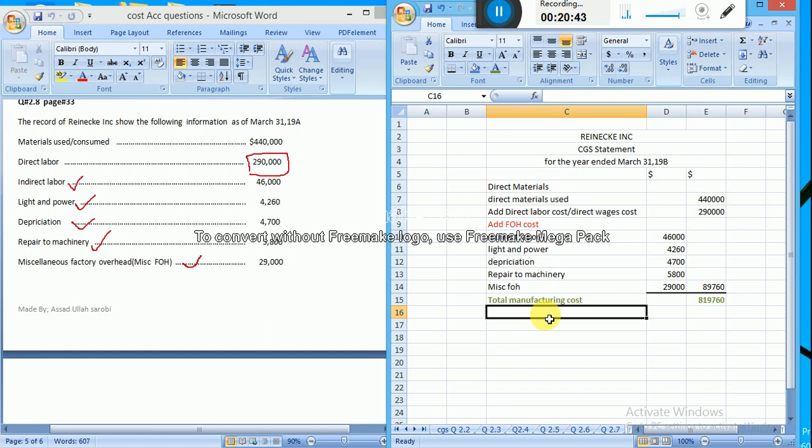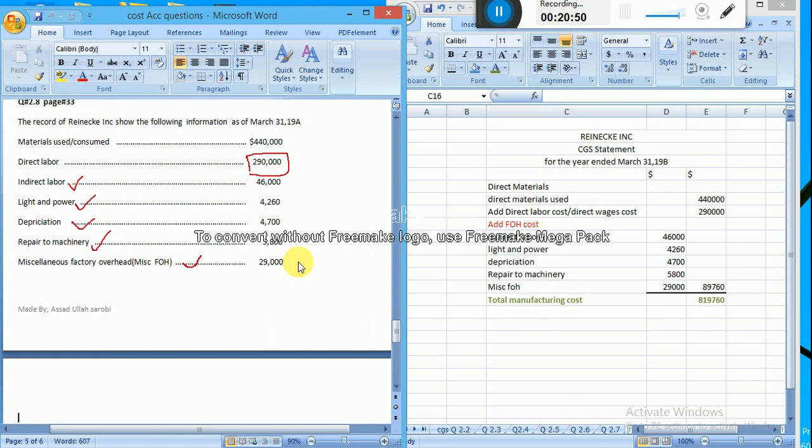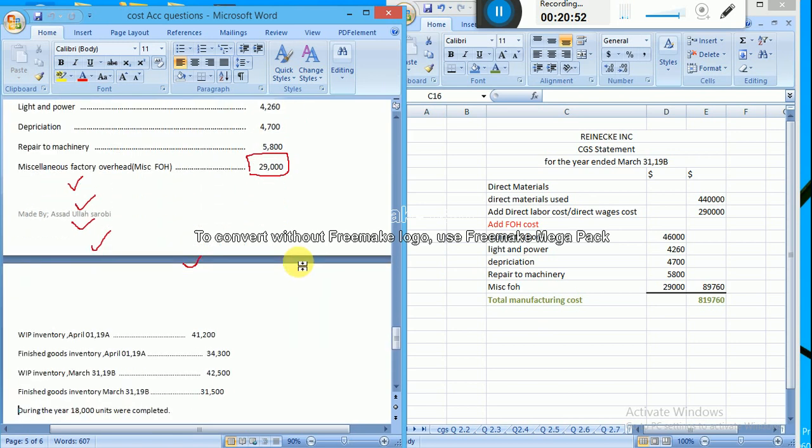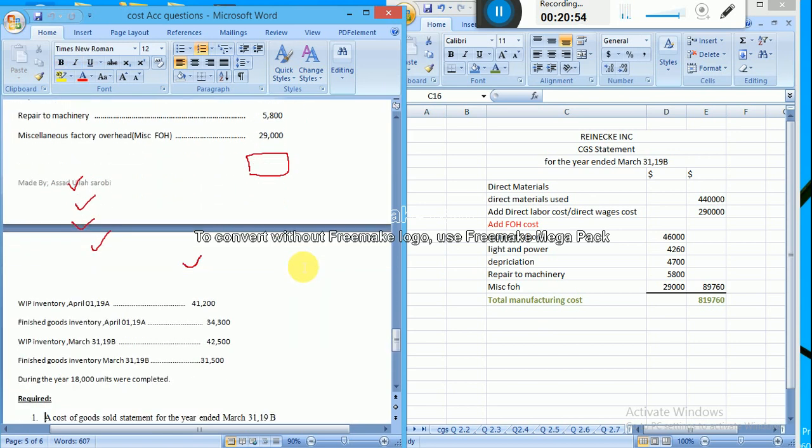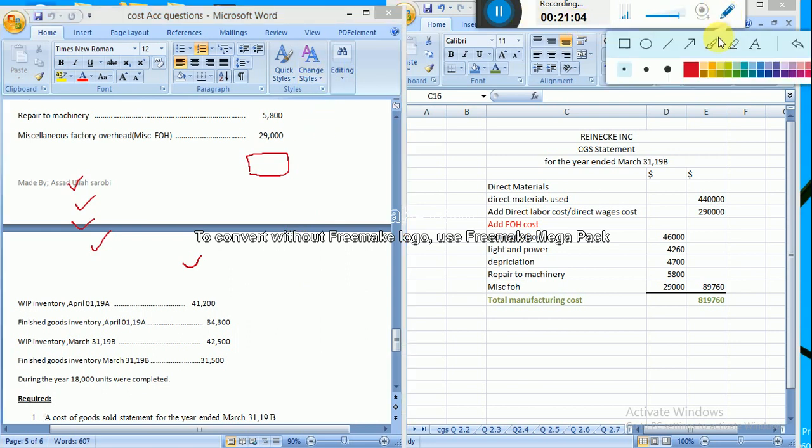But we also have some work in process remaining from the previous year, 19A. That is the work in process inventory on the 1st April 19A.